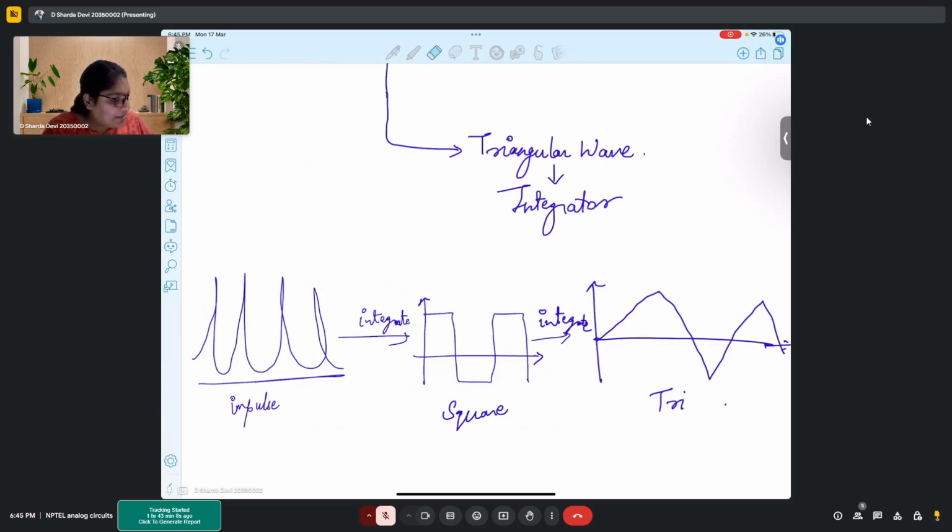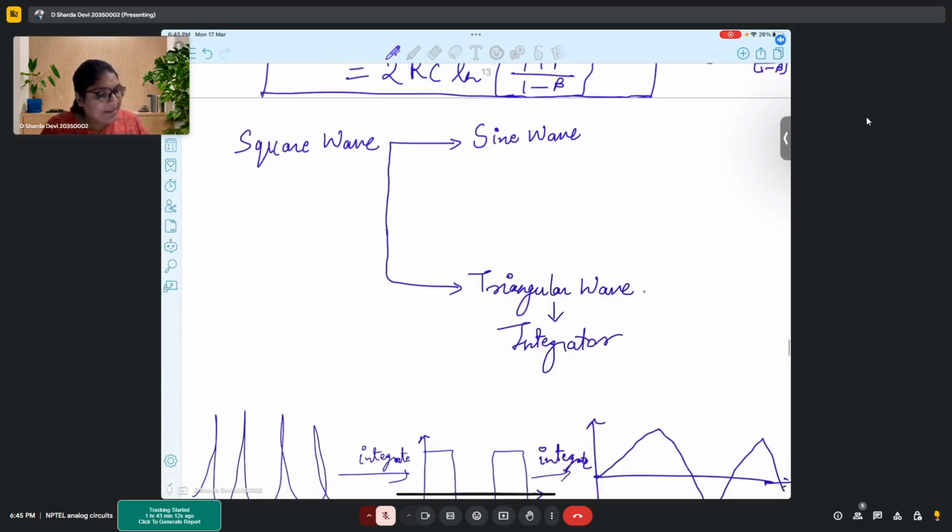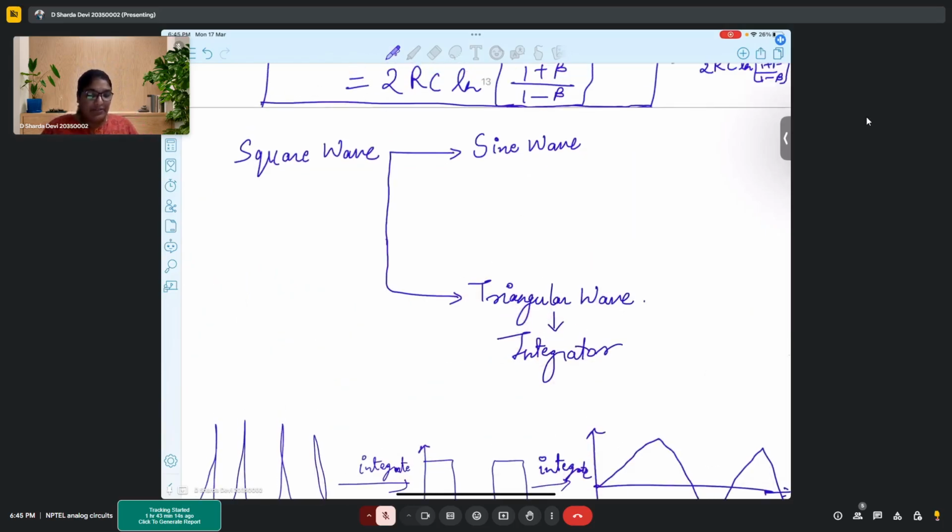So what can be done to obtain a sine wave from a square wave? Or do you know how to obtain square waves from sine wave? Oh well, anyways we are done, right? How do you do Schmitt trigger, we can get a square wave from any periodic wave.